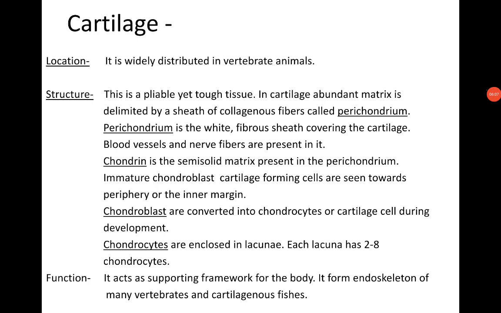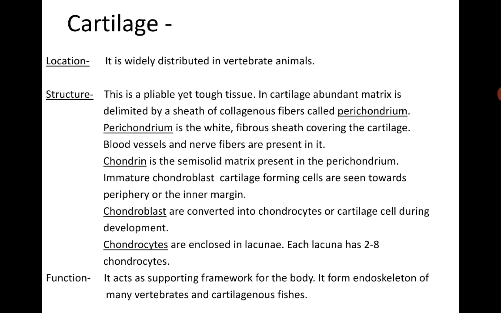Function of cartilage: cartilage acts as a supporting framework for the body. It forms the endoskeleton of many vertebrates, and cartilaginous fishes. Supporting frameworks are bound with the help of cartilage.